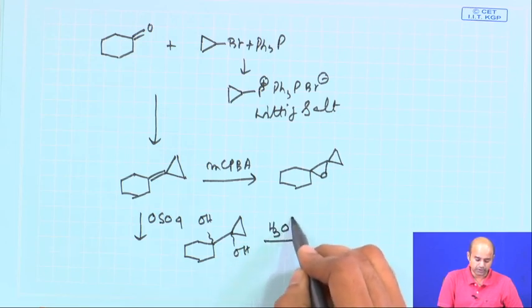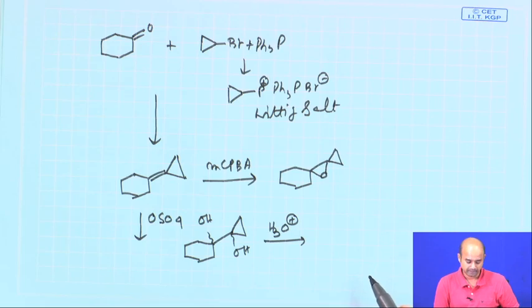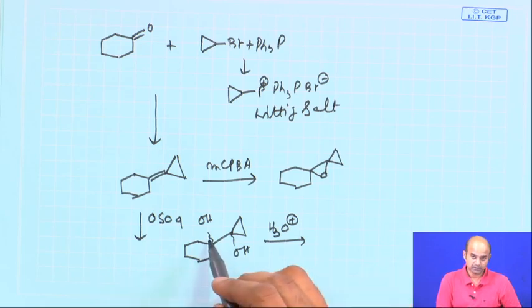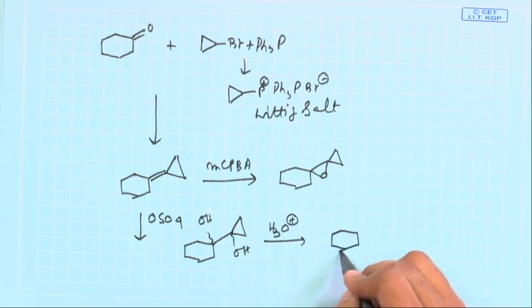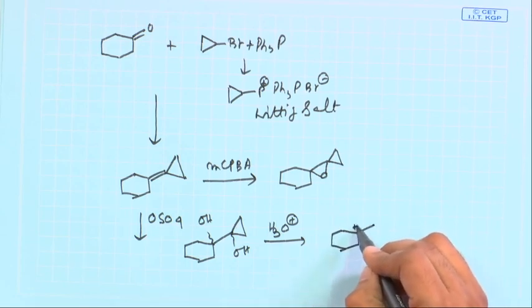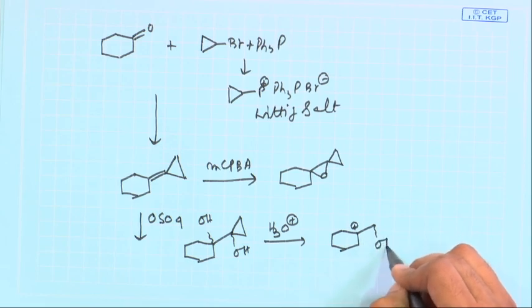Remember the retro quiz, where we talked about the pinacol rearrangement. First, the most stable carbocation will be generated here, next to this OH.